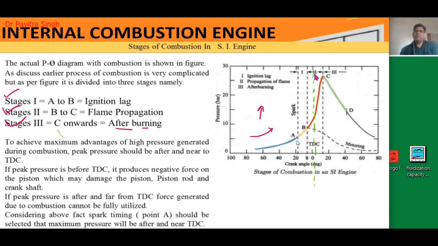If this peak pressure is before TDC, it will provide a back thrust to the piston, and this back thrust will damage the piston, connecting rod, crank and crankshaft. So point C is the point of peak pressure, and it should be at or after TDC, and C onward is called the after burning.